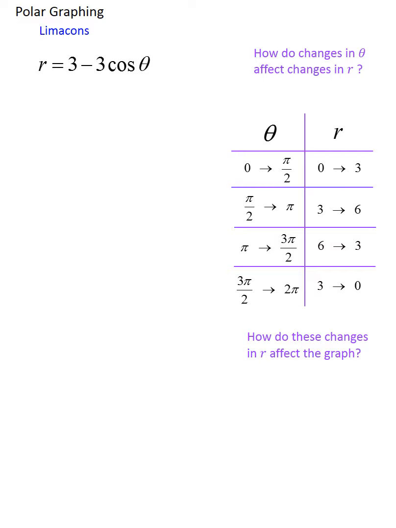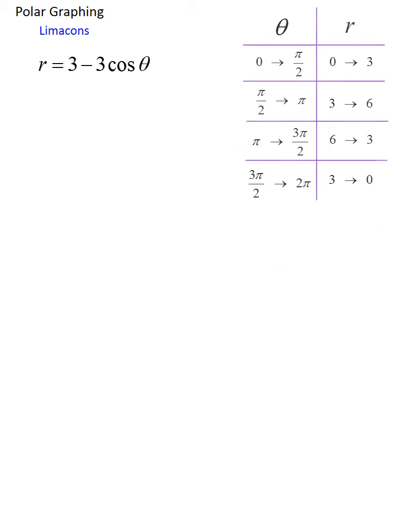And of course the question is, how do these changes in r affect the graph? Let's take a look at that. Watch as theta sweeps through quadrant 1. r will go from 0 to 3.